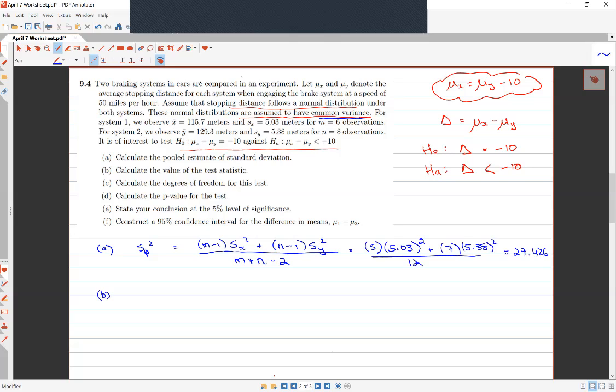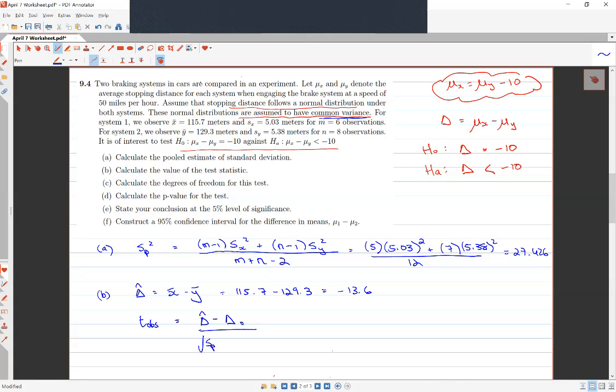Now we want to calculate the value of our test statistic. So again, we need to know what the observed difference is, which in this case, we just take the difference of the two sample means, and we observe a difference of negative 13.6. So we do observe something that's saying X seems to be stopping a little bit sooner than 10 meters. Like on average, we actually saw 13.6 meters. But we can formalize this by calculating a test statistic, delta hat minus delta naught.